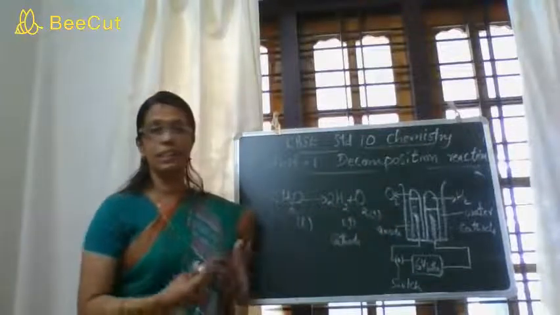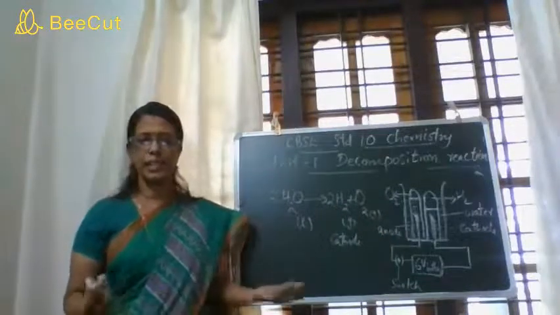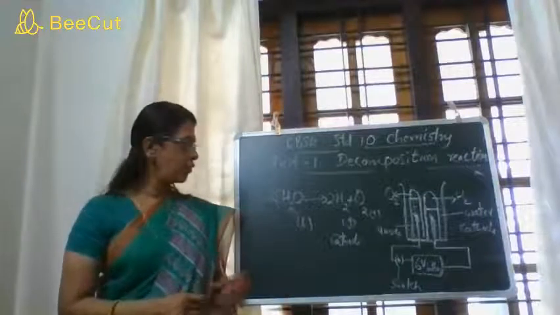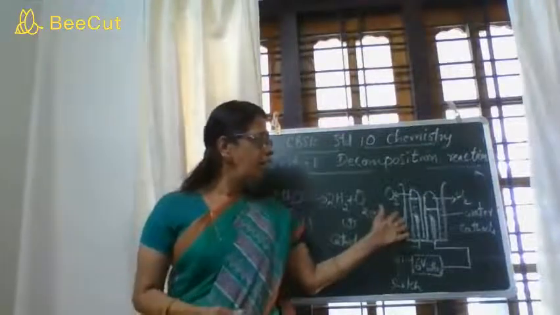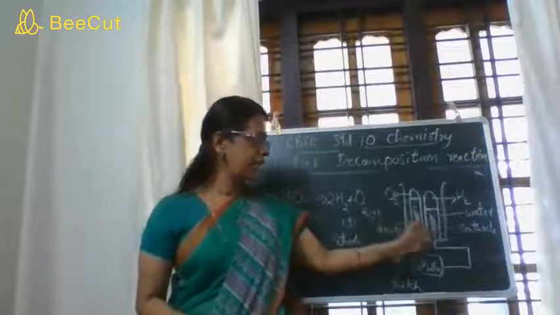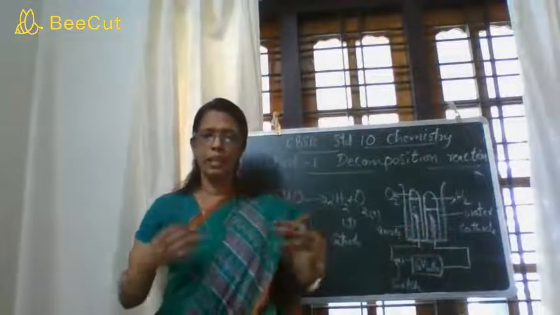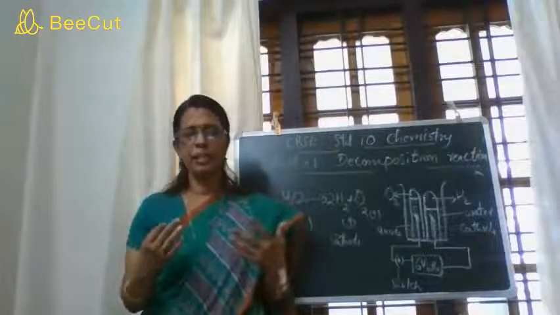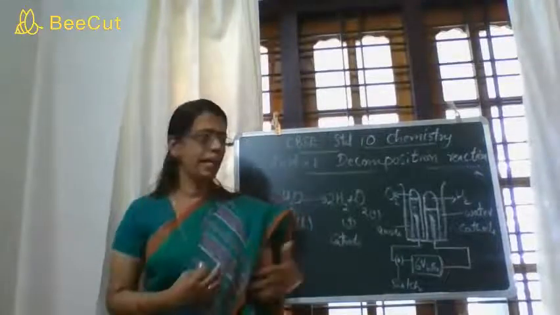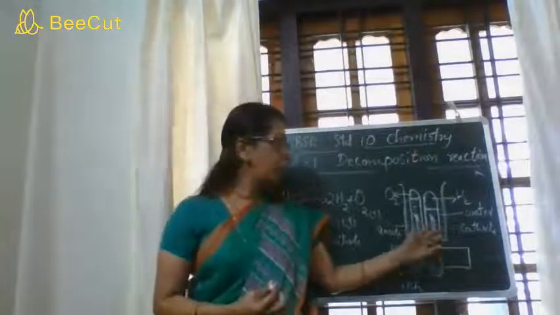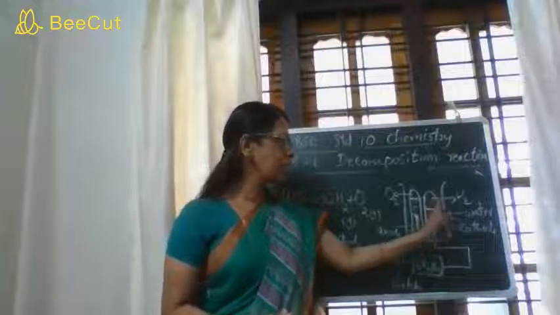Write the chemical reaction for that. Such types of questions you can have in the examination, and also using this diagram. Sometimes in the question paper they will give a diagram like this, and you may be asked what is here.